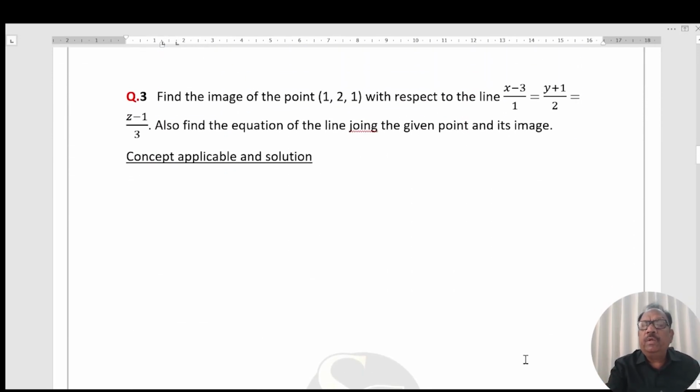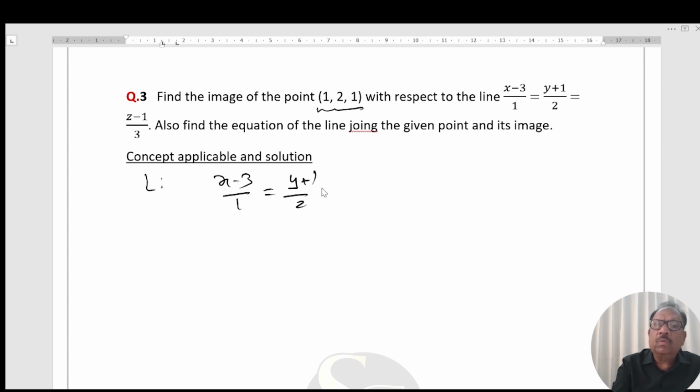Find the image of the point 1, 2, 1 with respect to the line given to you. I will discuss only concepts in this case. The line is x minus 3 upon 1, y plus 1 upon 2, z minus 1 over 3.